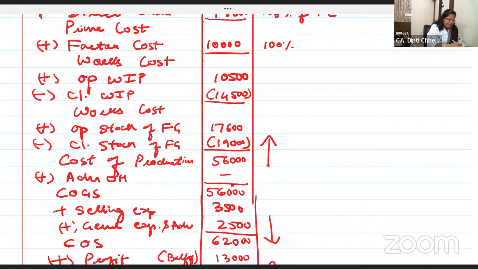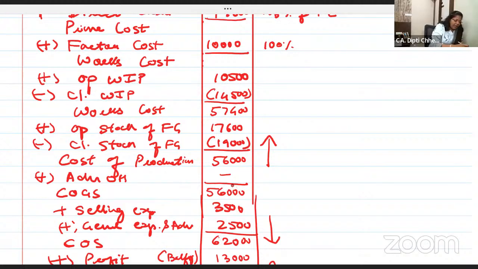56,000 plus 19,000 minus 17,600. Ma'am, why are you doing reverse? Because we are going ulta. 47,400 plus 17,600 minus 19,000.